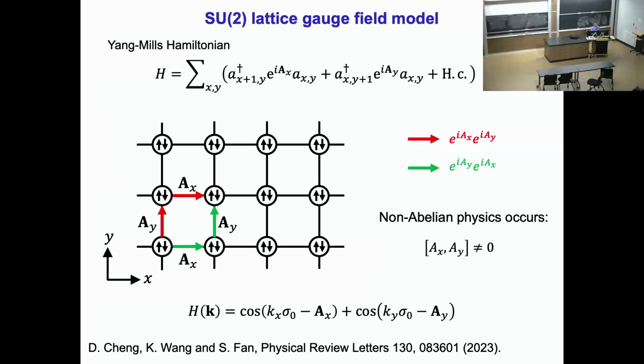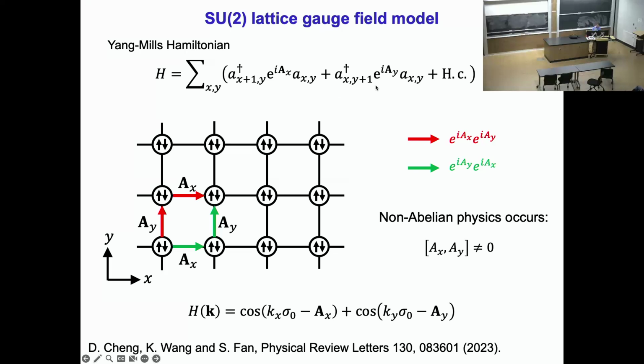Each lattice site has an SU(2) spin, and the spin can hop. The spin can rotate as it hops between nearest neighbor sites. So A_x is the gauge potential that controls the hopping along the x direction, and A_y controls the hopping along the y direction.